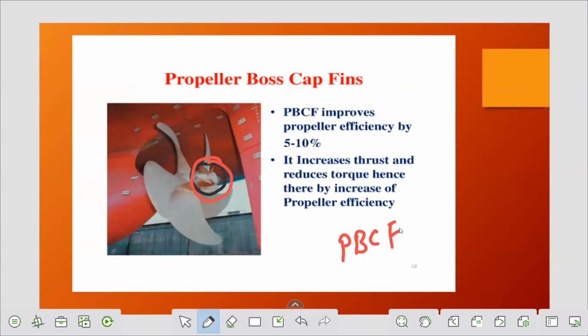What is the advantage of using this propeller boss cap fin? Basically it is fitted to the boss. By using this, it improves the propeller efficiency. How does it improve the propeller efficiency?